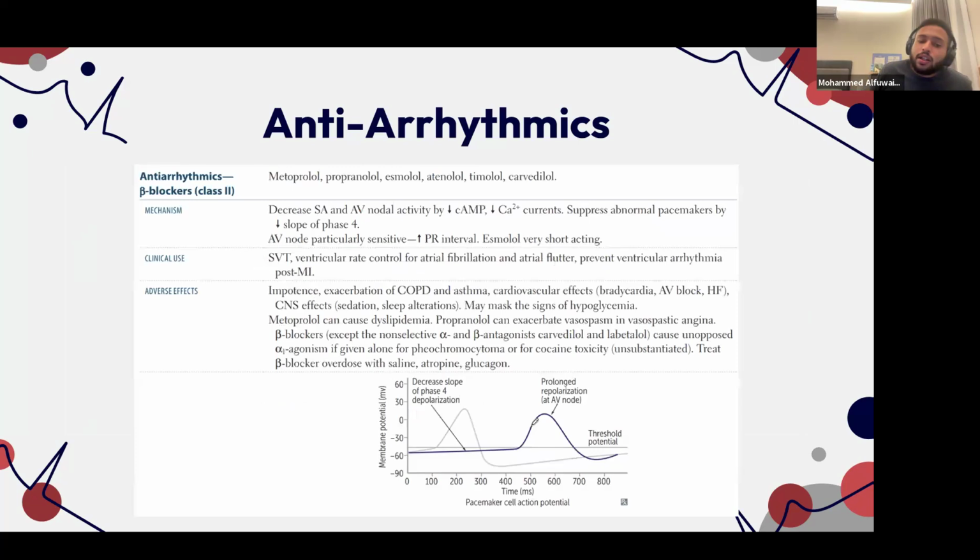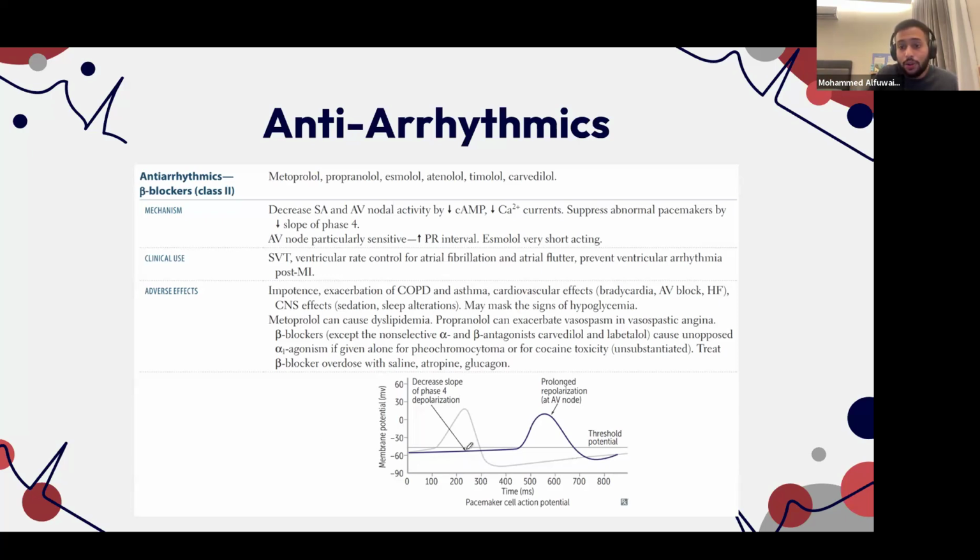Now, class 2 antiarrhythmics are the beta blockers. We already talked about beta blockers, so we don't really need to talk about them in detail, but basically how does it cause its effect? It inhibits beta-1 receptors at the heart. This will basically act on pacemaker cells and the AV node. It decreases the rate and rhythm. How does it affect the rate? By phase 4.